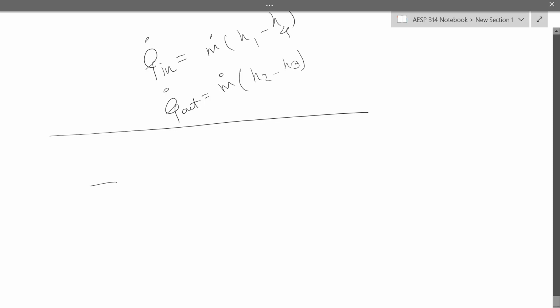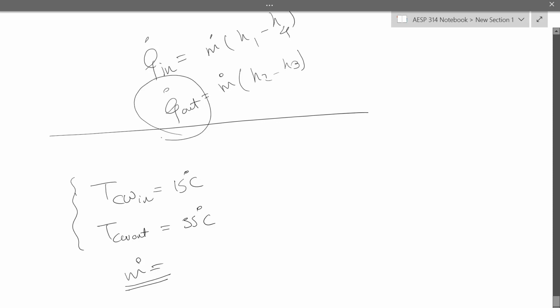For the cooling water, I'm going to say T_CW in is 15 degrees Celsius and T_CW out is 35 degrees Celsius. And we want to find the m dot needed to provide this much heat removal capacity, Q dot out.